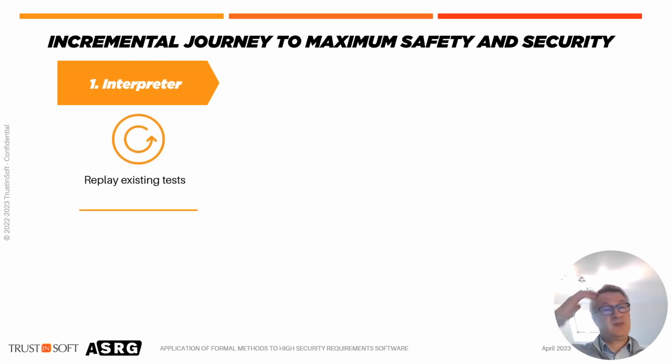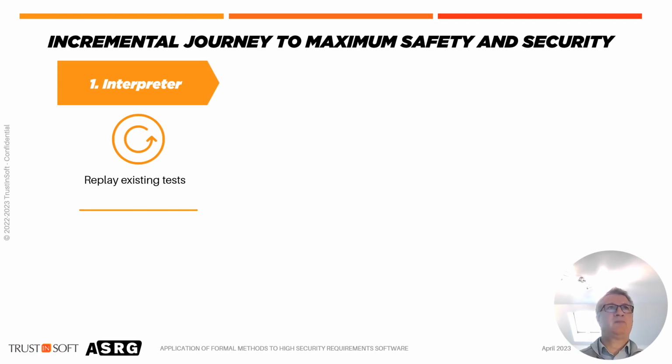Really, this path is meant to ease the learning curve of a formal method-based tool for whoever has had experience of traditional static code analysis before or no experience at all. So we provide this journey, which is based on three steps, where the initial steps are really easy, making the first adoption simple, and then progressively you can go deeper and also get more value.